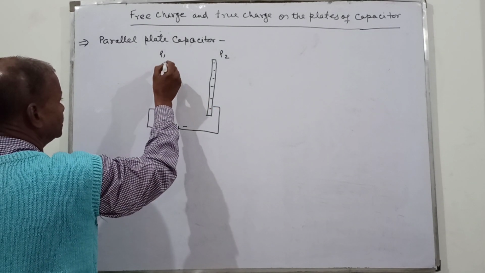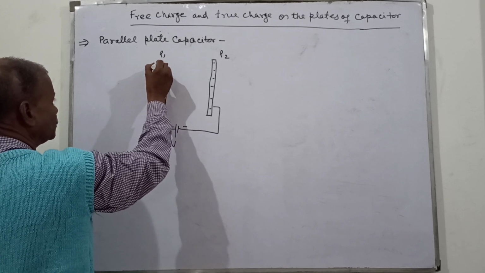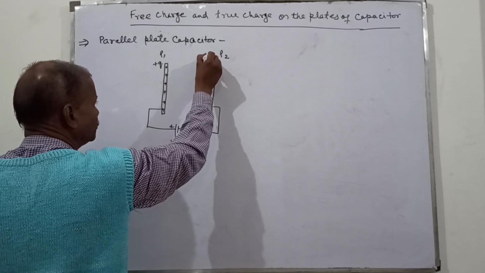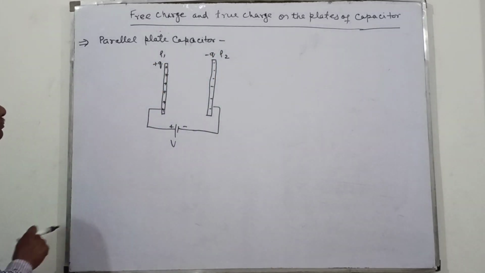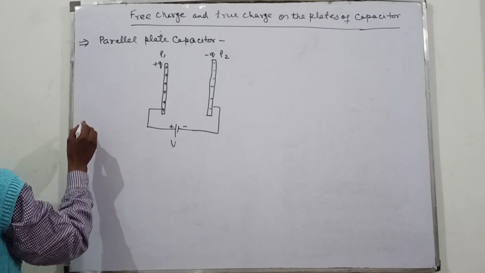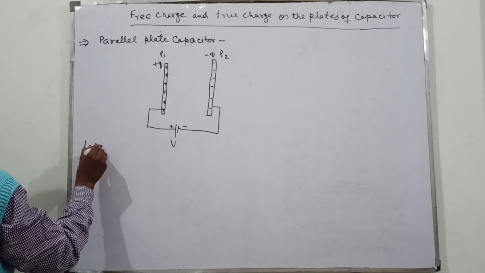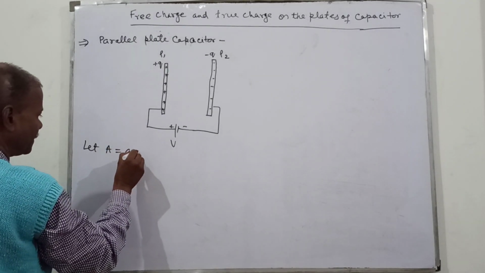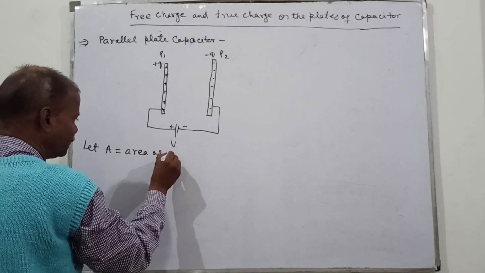So this charge is Q. This is now plus Q. This is now your minus Q. Let A equal to area of each plate.